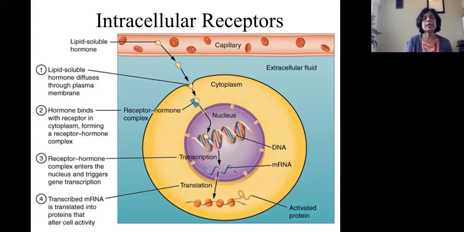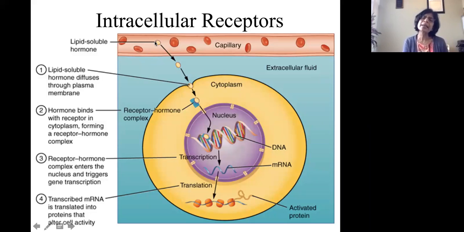Okay, so in here, we will look at the step-by-step events that are involved in the lipid-soluble hormone at its target cell. So the hormone here that's traveling along the blood finds its receptor inside the cell, and so it escapes and now binds to the receptor.